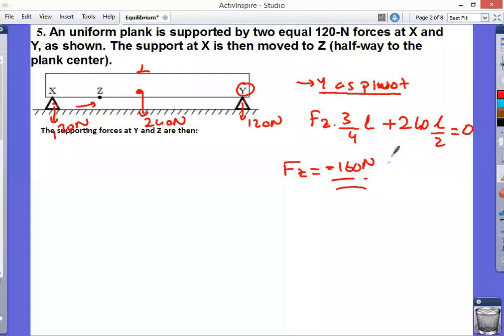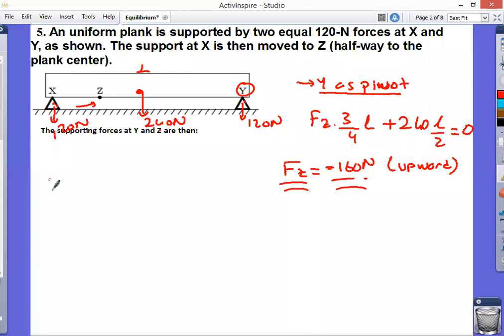This means it is upward, okay? Since it's negative, the direction of the Z is upward, okay? Since we are looking for torque, at the end we are going to ignore the negativity over there, okay? So let's now find the Fy. We know our Z.